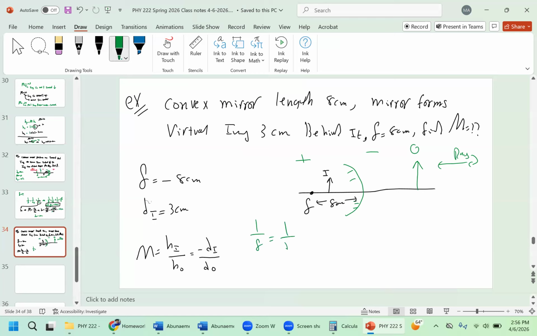So 1 over F is going to equal 1 over DI plus 1 over DO, which means, again, we want to find this little fella. 1 over DO is going to equal 1 over F minus 1 over DI. And this gets to be 1 over 8 minus 1 over 3.